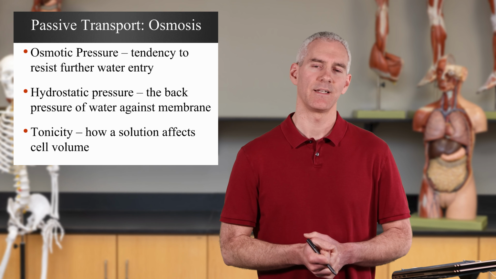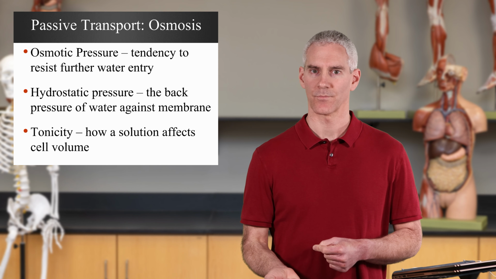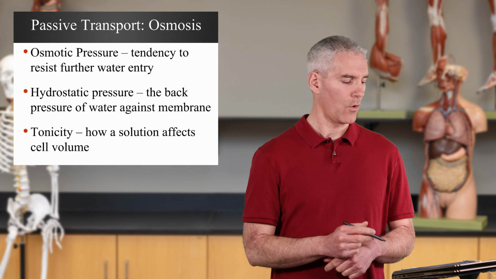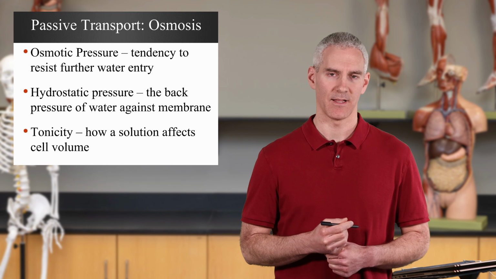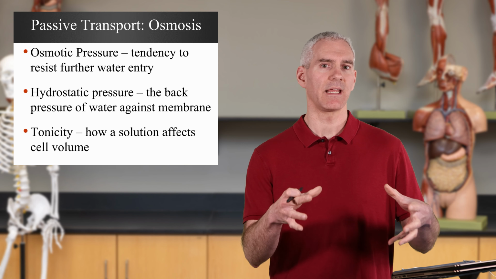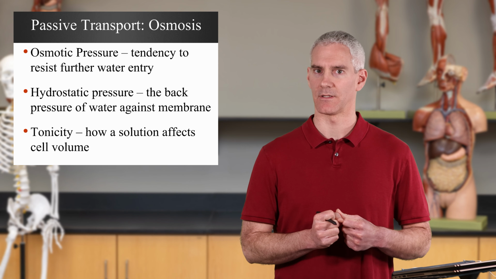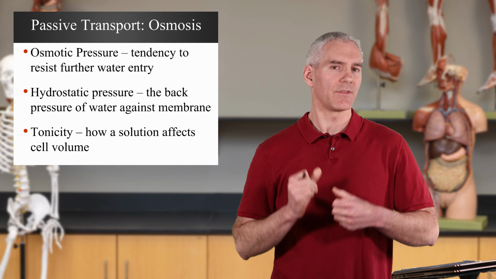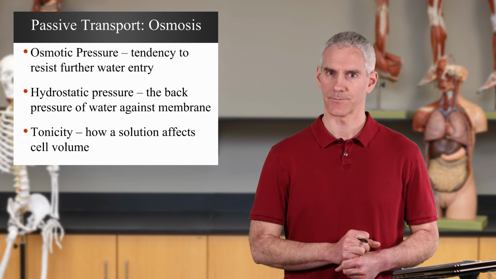And that brings us to the idea of tonicity. Tonicity is how a solution affects cell volume. Because your cell volume needs to maintain a certain amount for the cell to be functional. If it shrinks down too much or blows up too much, the cell will not be very efficient.